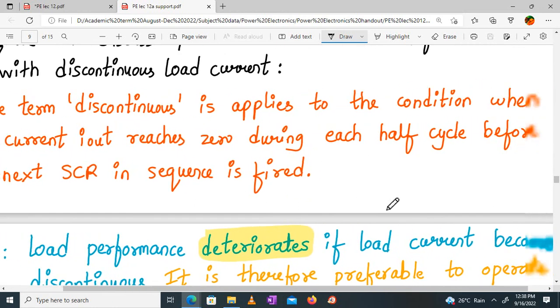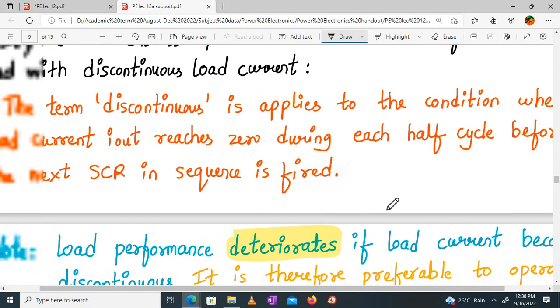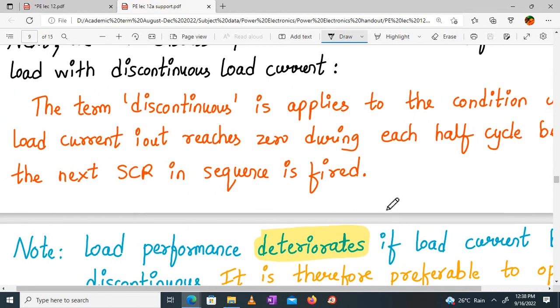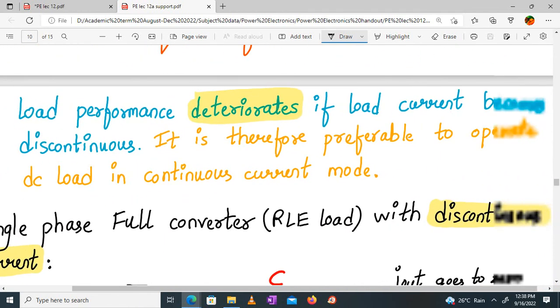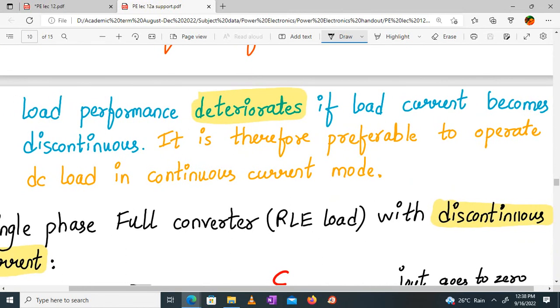The term discontinuous is applied to the condition when load current reaches zero during each half cycle before the next SCRs sequence is fired. Remember, this is not recommended for practical cases. Load performance deteriorates if load current becomes discontinuous. Therefore, it is always preferable to operate a DC load with continuous current.